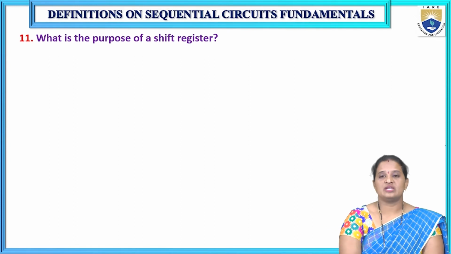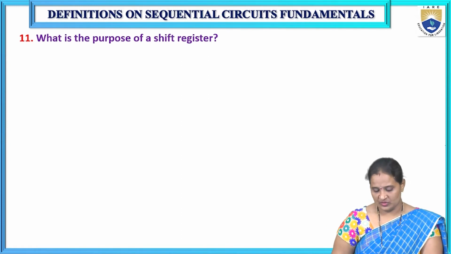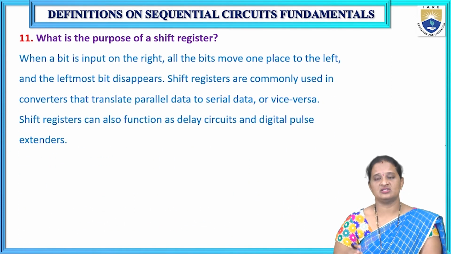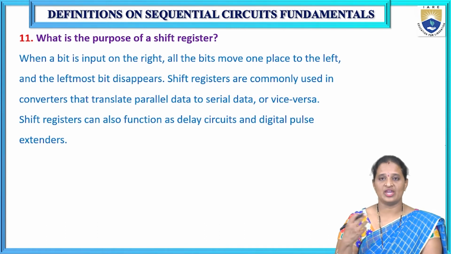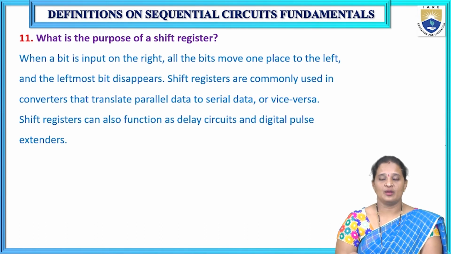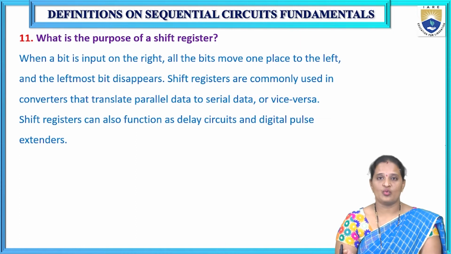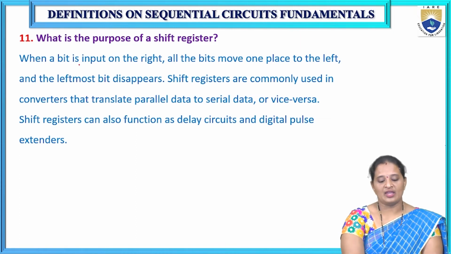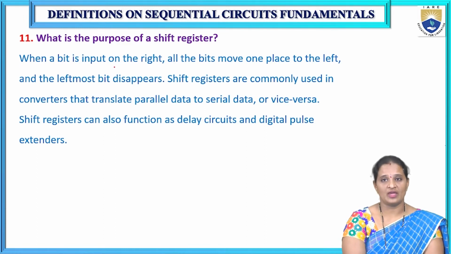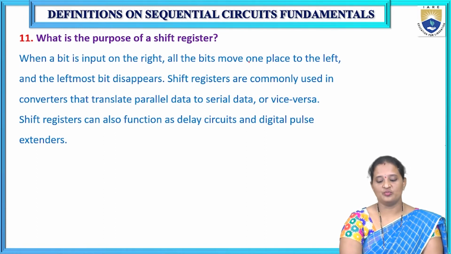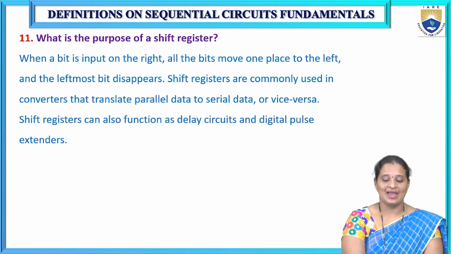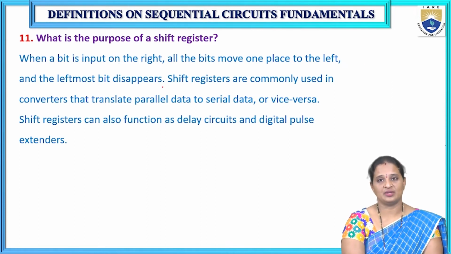Now, what is the purpose of a shift register? First of all, what is a register? A register is a storage device which can store data of more than one bit. When a bit is input on the right, all the bits move one place to the left and the leftmost bit disappears.